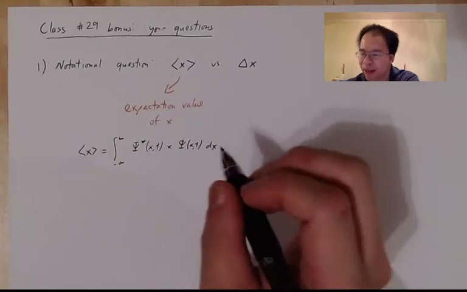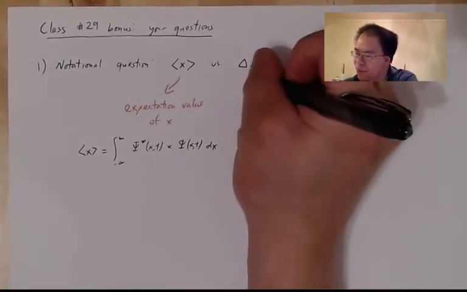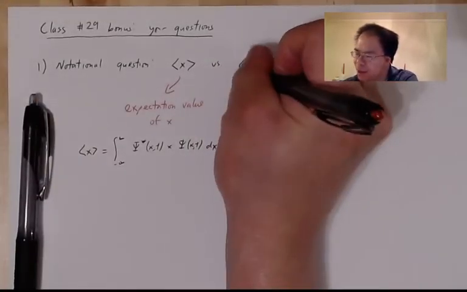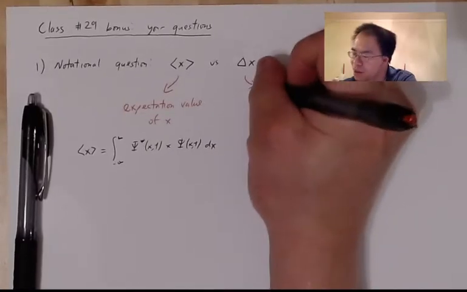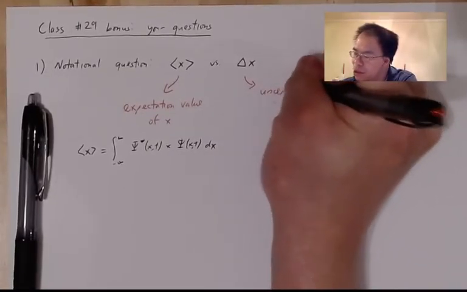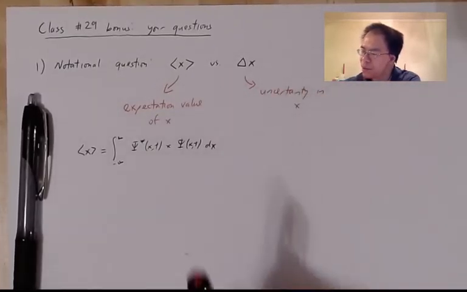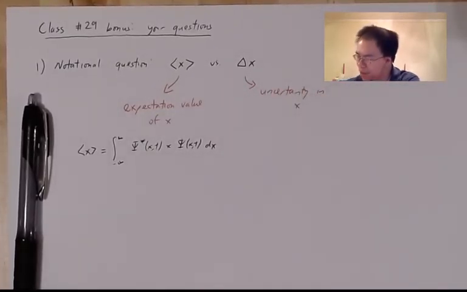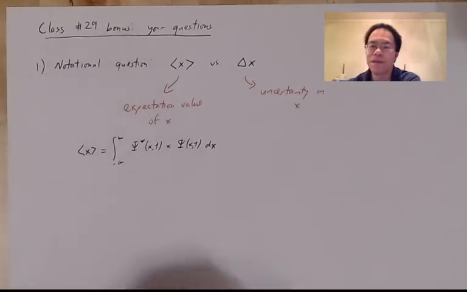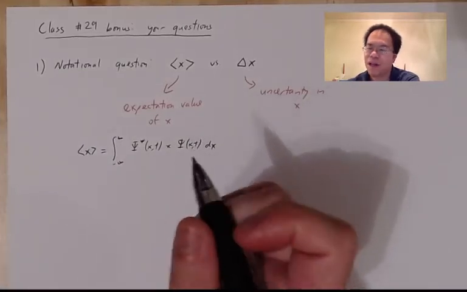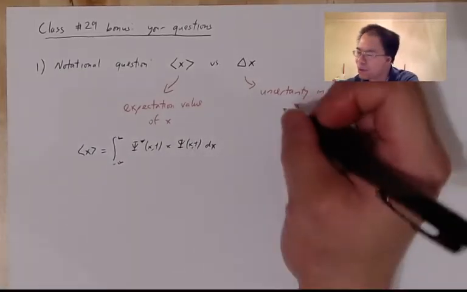So this is sort of the average value, whereas this delta x is the uncertainty. And this tells me the spread in my x values, and I can think of this in the following way.